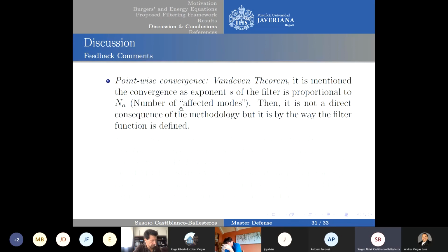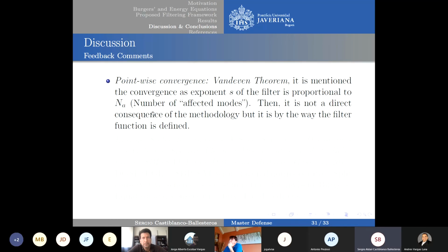And some discussion about the feedback comments of my reviewers, the most relevant comments. There was a comment about pointwise convergence, the Vandeven theorem. It is mentioned that the convergence is ensured as the exponent S of the filter is proportional to the number of modes.